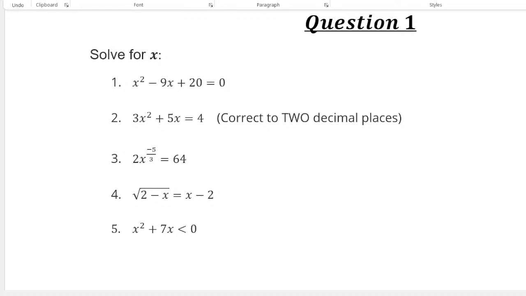Then we have an exponential equation, 2x to the power negative 5 over 3 is equal to 64. Then we have another equation, square root of 2 minus x is equal to x minus 2. Lastly, we have x squared plus 7x is less than 0. So we are solving for x in these equations.